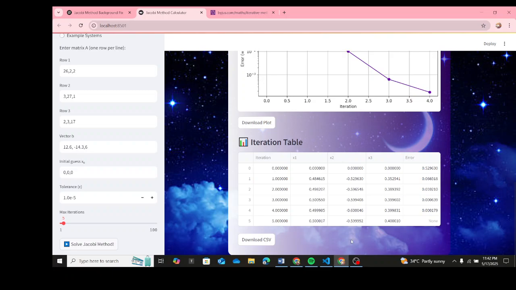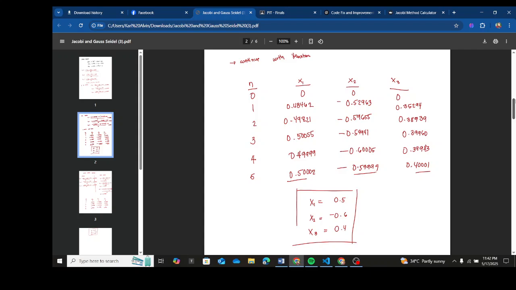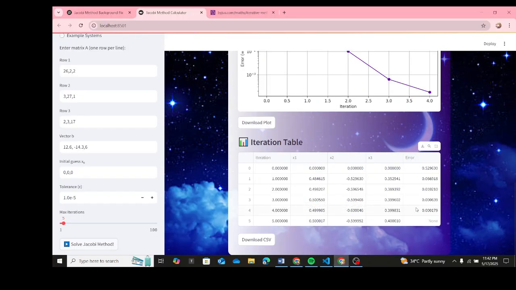So when we go back to our manual, you can see in our manual table we have the same answers. It just looks the same, close, right?